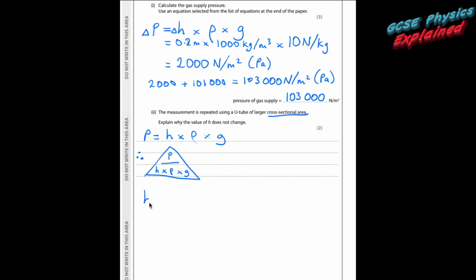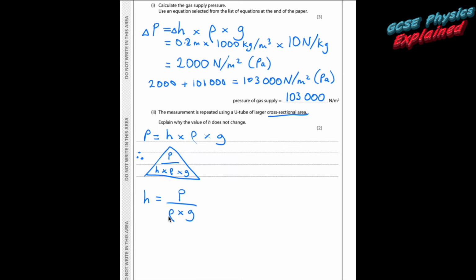Put the values in. Now we'll rearrange it to find the height. So the H, the height, cover up the height, what we're left with, P divided by rho times by G. Now, if they're going to increase the area, is that going to affect the height?